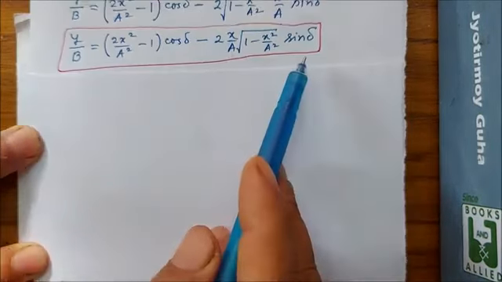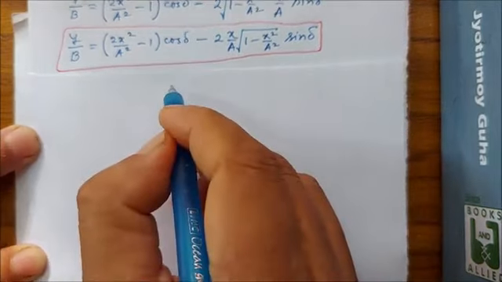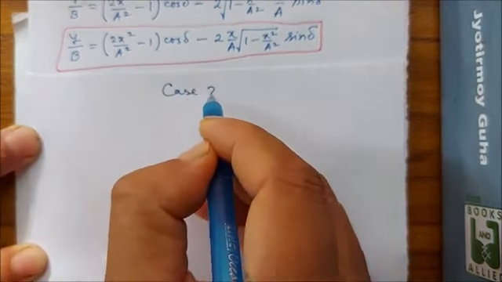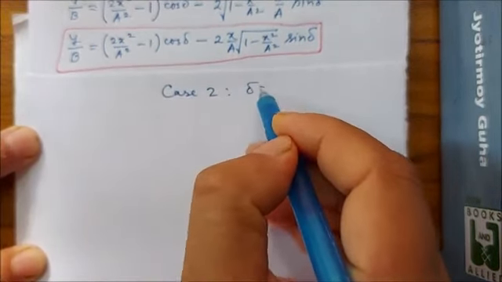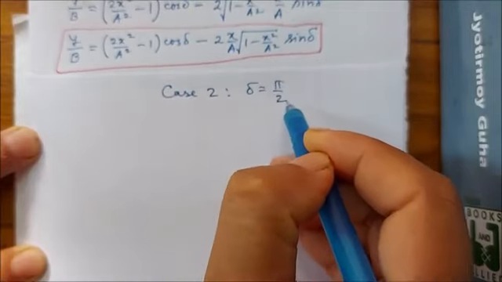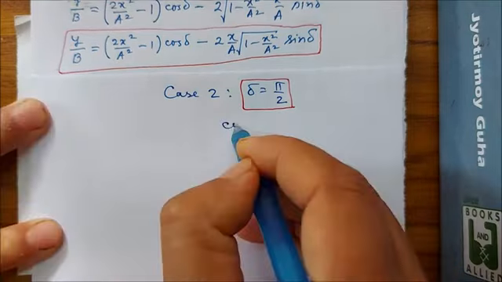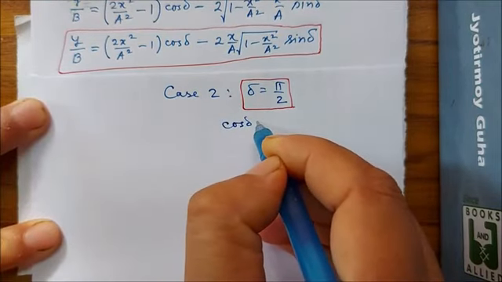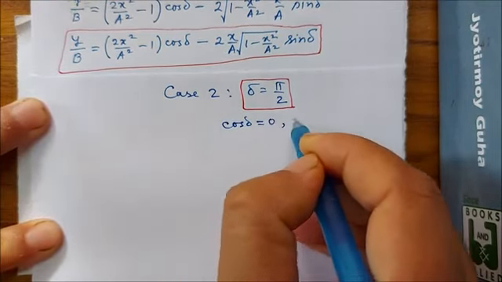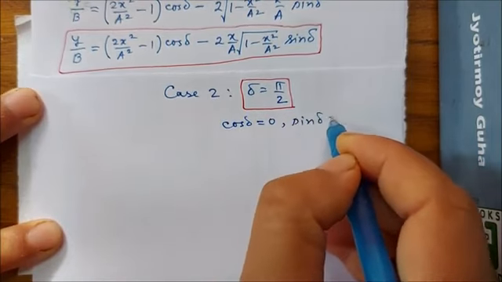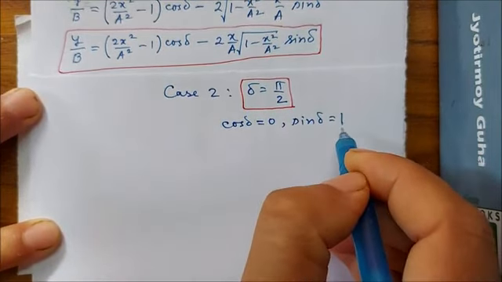This was the main equation, and let us discuss now case 2 corresponding to delta equal to pi by 2, at which cosine of delta is 0 and sine of delta, that is sine of pi by 2, is 1.